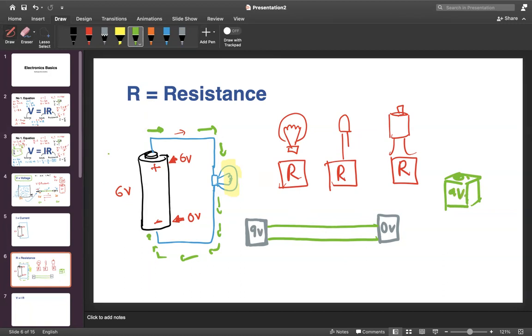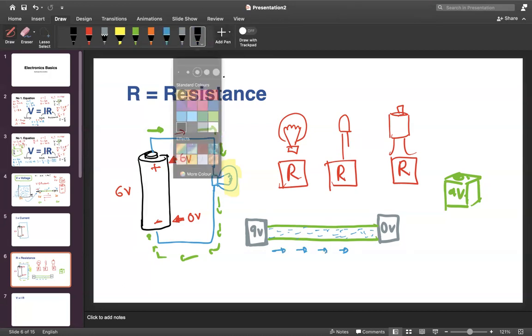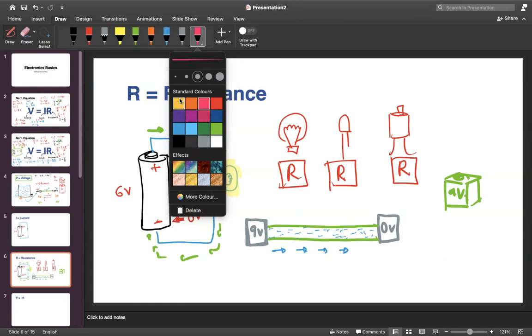Okay. So now there's water here. Now the water is flowing, right? As usual, the water is flowing this way without any problem. Clear?